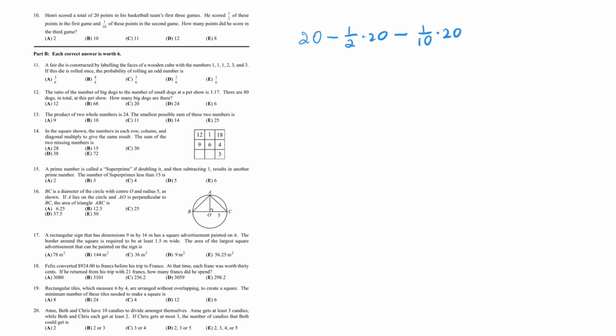The rest will be the third game points. That's 20 minus 10 minus 2 equals 8. So in the third game, he got 8 points. Therefore, the answer is E.